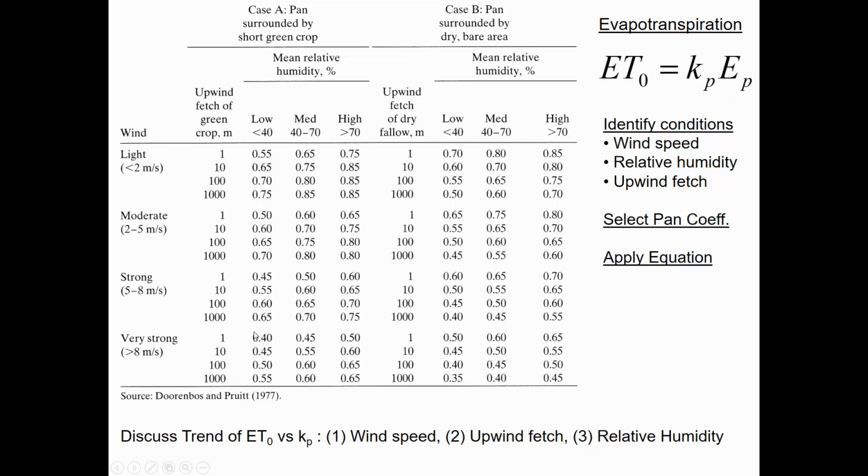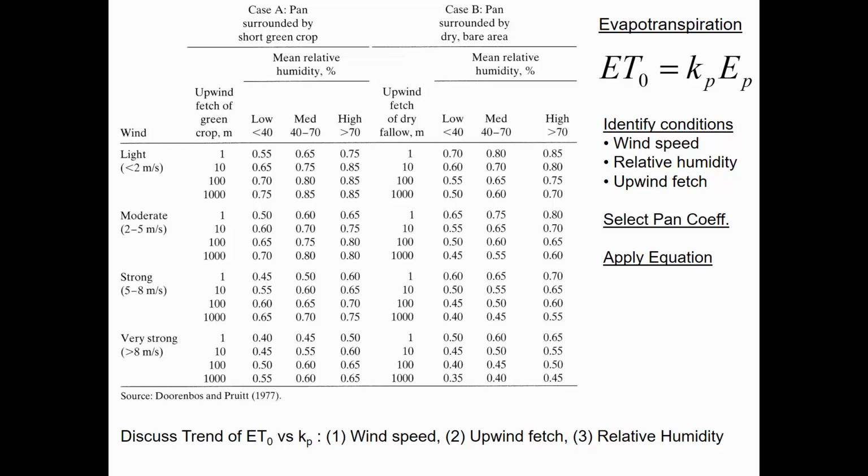And these are the K values, these decimals, 0.55, and as high as it gets here is 0.85. So what it's saying is that the evapotranspiration is going to be 85% of the pan evaporation if you have high humidity, and upwind of the pan is a certain amount of crop.